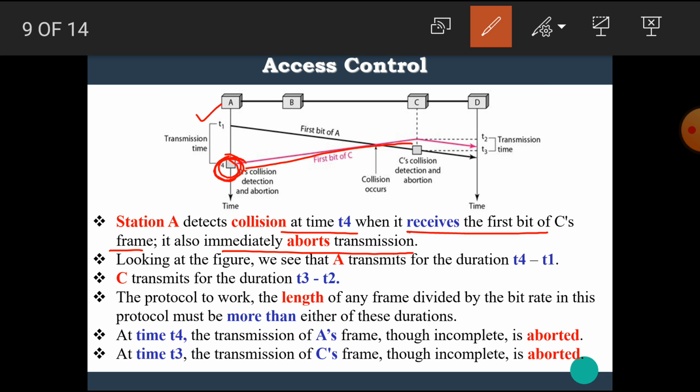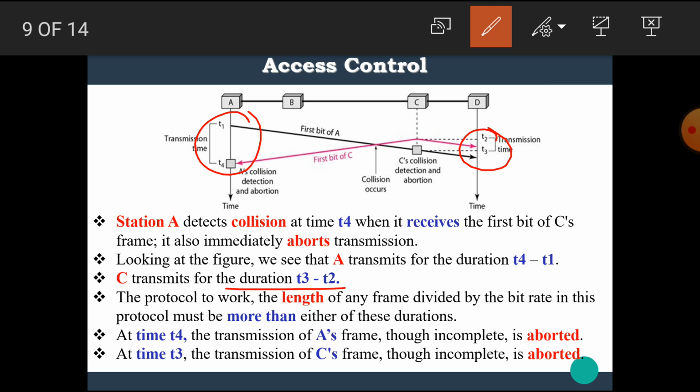Looking at the figure, we can say that A transmits for the duration t1 to t4 and C transmits for the duration t2 to t3. For the protocol to work, the length of any frame divided by the bit rate must be more than either of these durations.